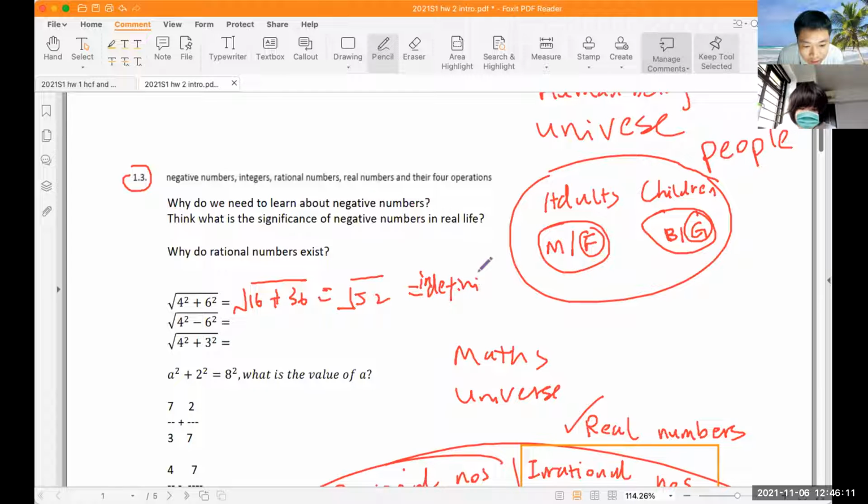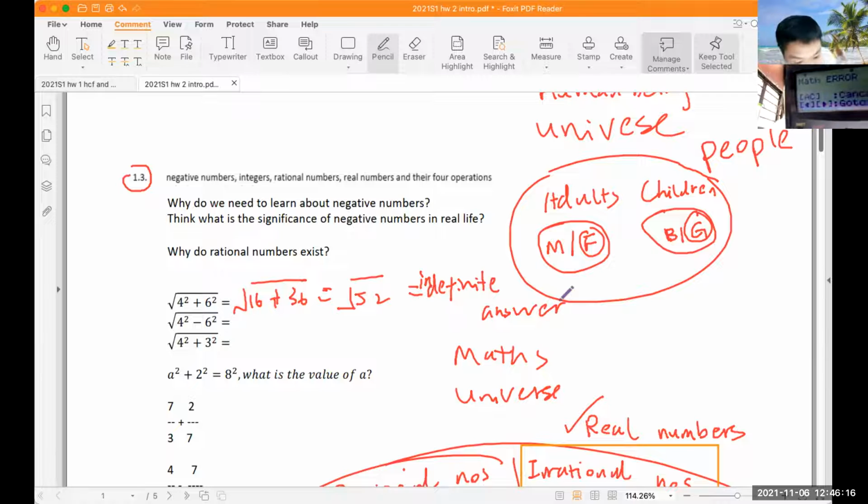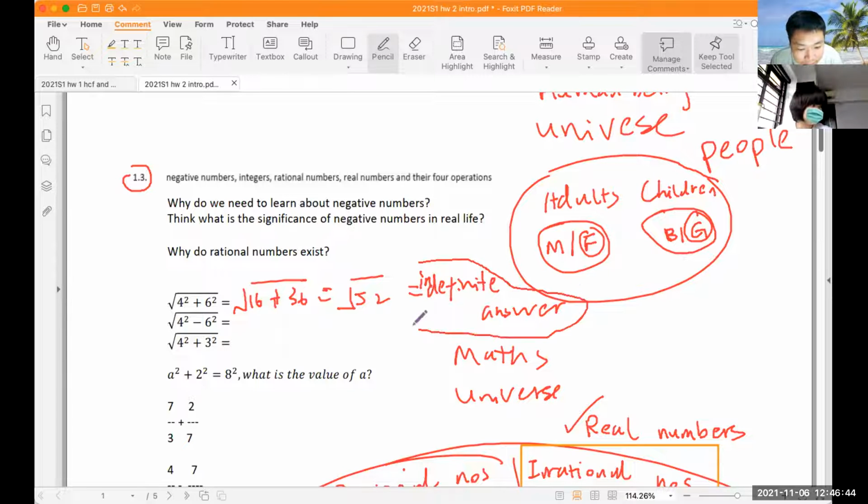Square root 52, first question. Yes, it gives an indefinite answer, 7.211102551.